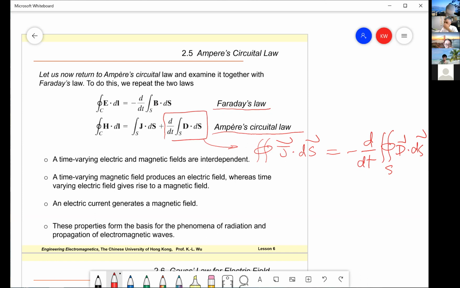So this relation is the net current going out from a node.